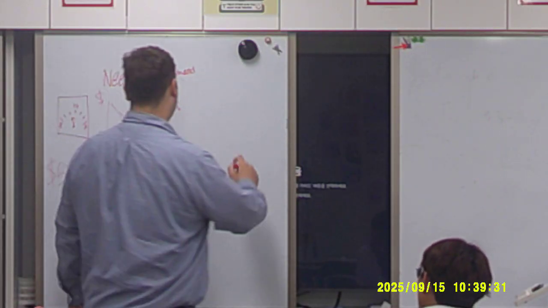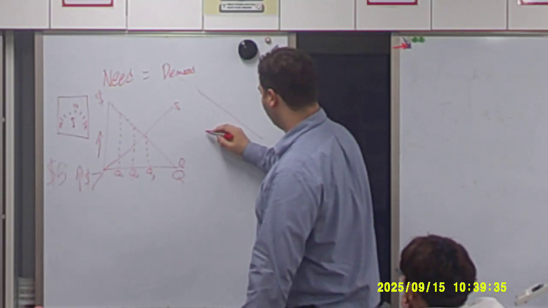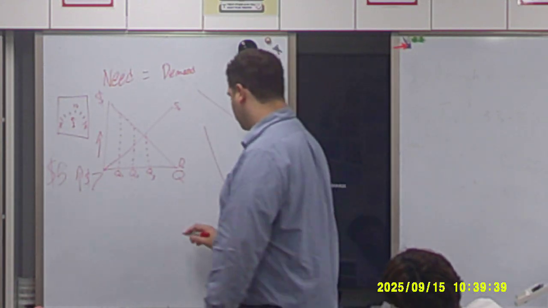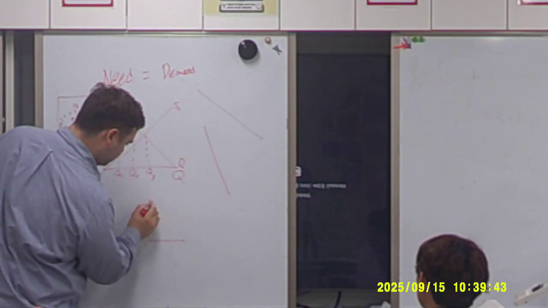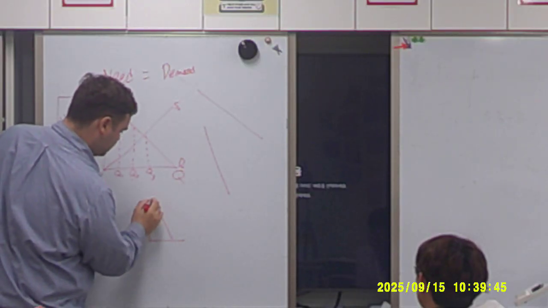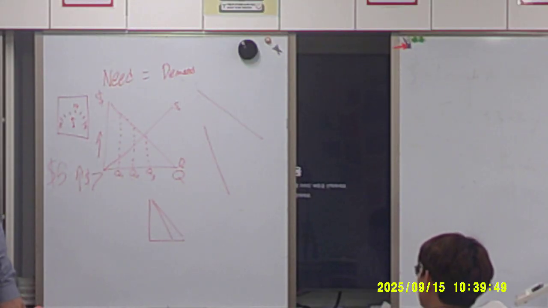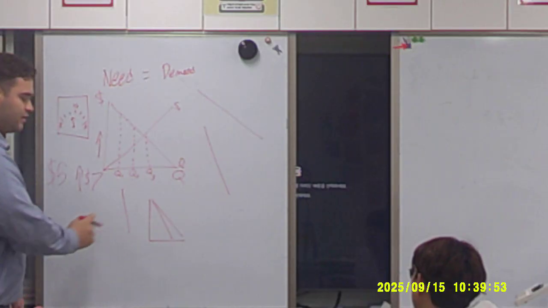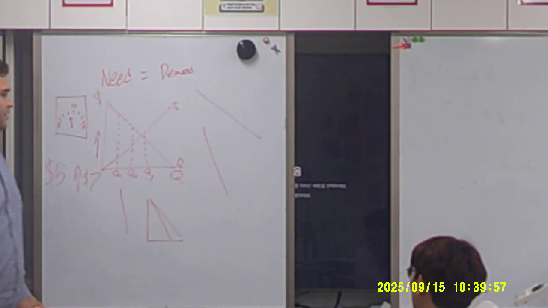But let's take gasoline, right? So the demand looks like this right now, but what if we turn the graph like this? So it would look something like this versus like this. Does that make sense? So the straighter it is, the more inelastic it is. Do you understand that?